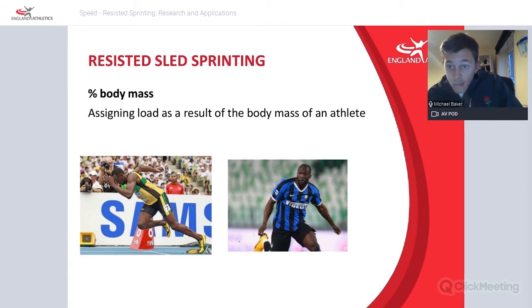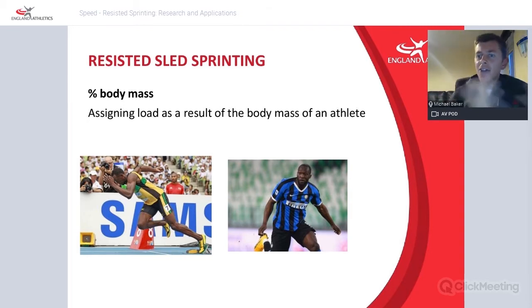As I'm sure you know, Usain Bolt's acceleration capabilities are light years ahead of Romelu Lukaku's. So even though they're carrying the same sled weight, if we're saying you guys are going to run with 30% of body mass on the sled, their acceleration capabilities are very different.